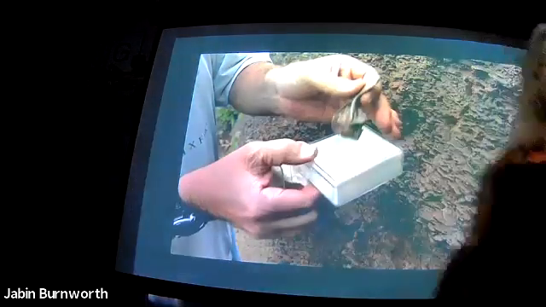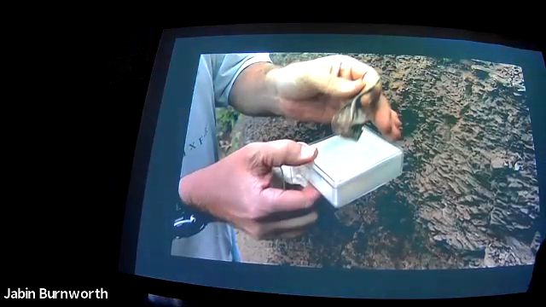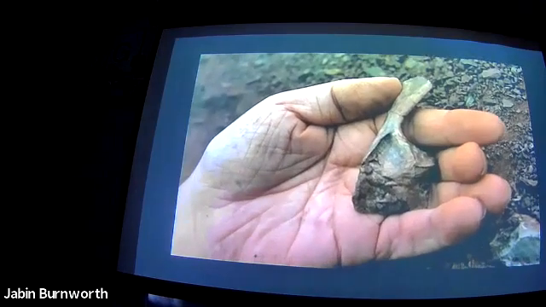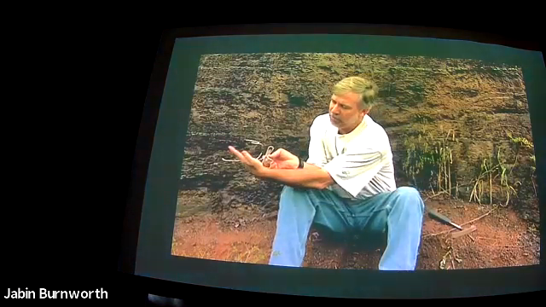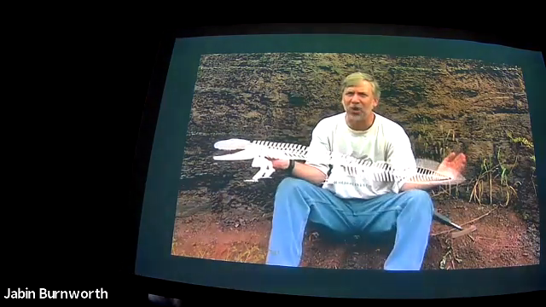Well, here's the cool thing: we can look at that and tell a lot about this creature. It was a new species. It was a whole new kind of animal. And although we only have a shoulder girdle, it's actually a very informative part of the skeleton. It would be on the left side, the skull would go off in that direction. The animal itself would be about 1 meter long.